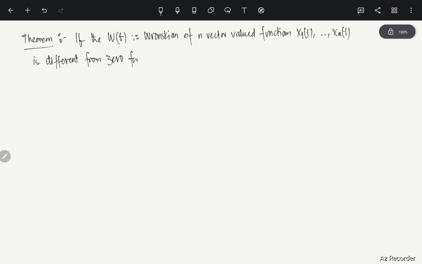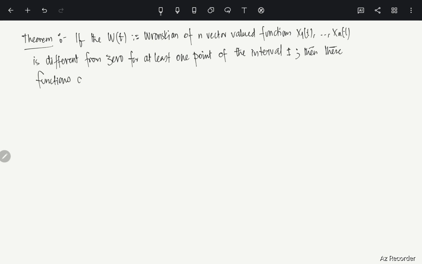Okay, for at least one point of the interval, let's say I, then these functions are linearly independent in I. Clear? So basically what I'm trying to say is this.